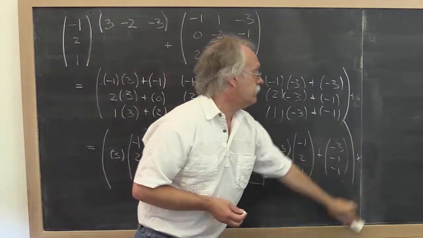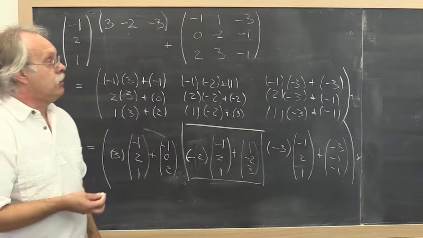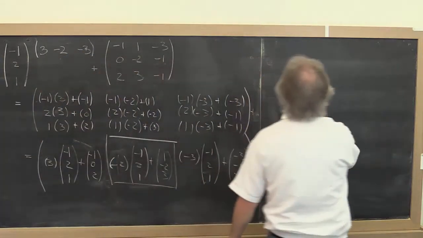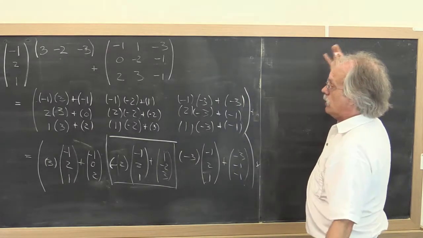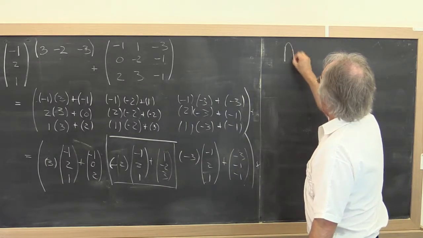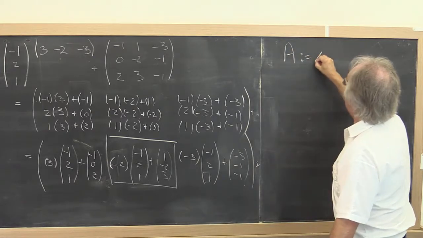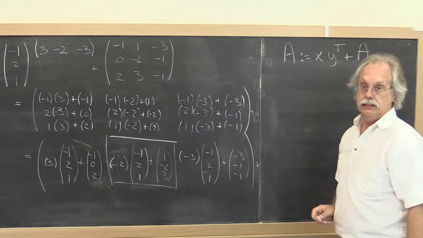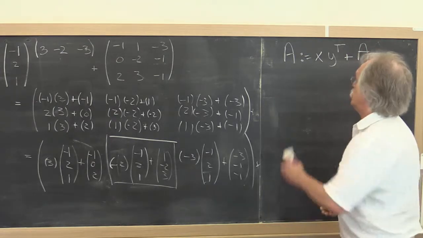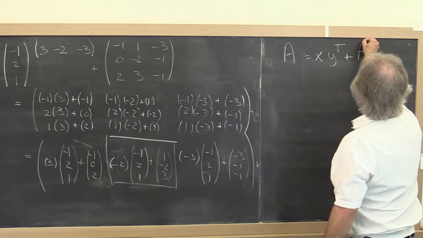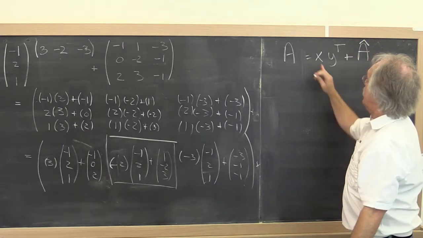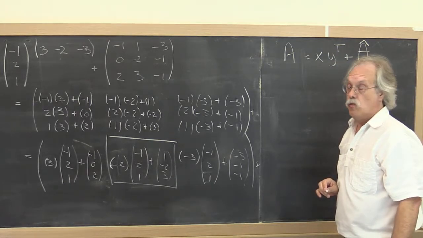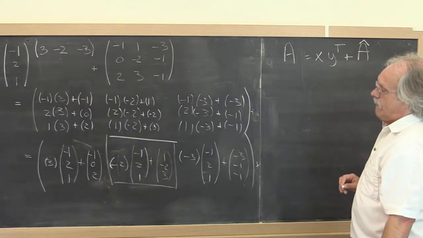Okay. So how do we now come up with a partitioned matrix expression for this? What do we have? We want to do A becomes x y transpose plus A. As a post condition, we write that as A is equal to x times y transpose plus A hat. So that's the post condition.